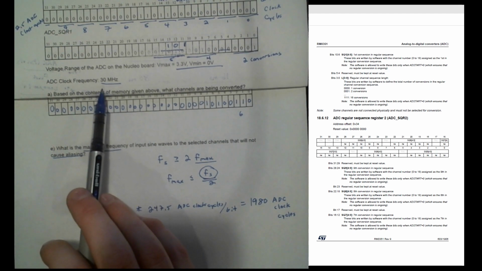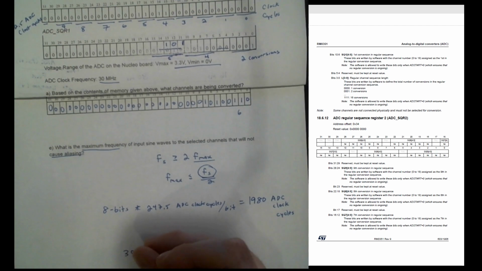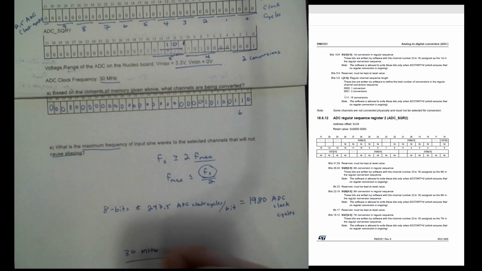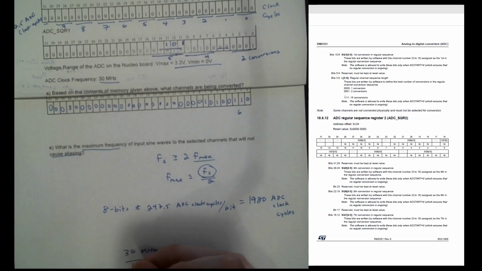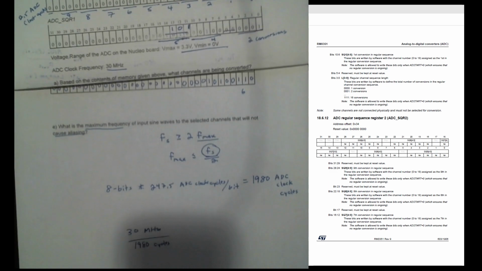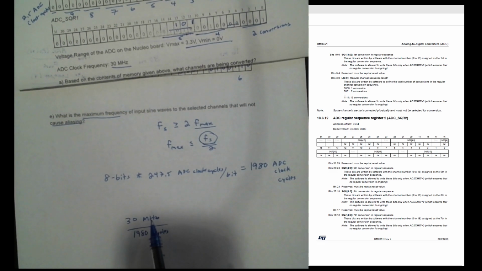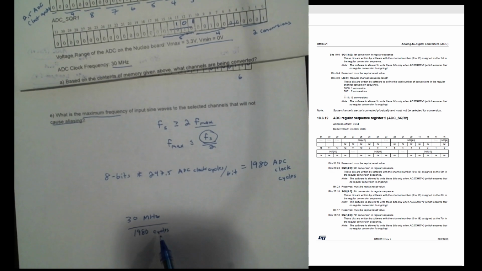And we've got a rate of 30 megahertz, which is 30 million clock cycles per second. So we're going to take our 30 megahertz and divide that by our 1980 clock cycles, and that's going to give us the rate at which we can perform conversions. This is a little bit confusing because 30 megahertz is cycles per second, and then we're doing some number of cycles to do a conversion.